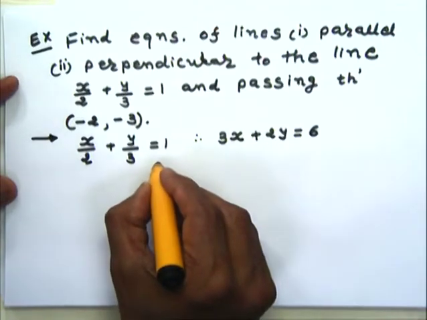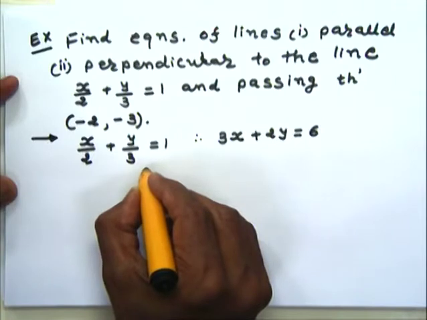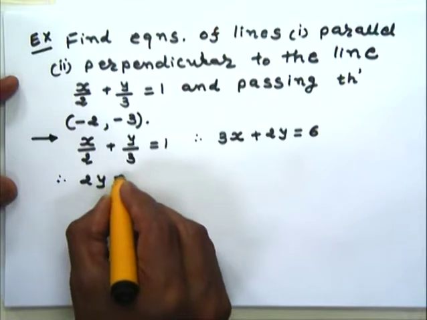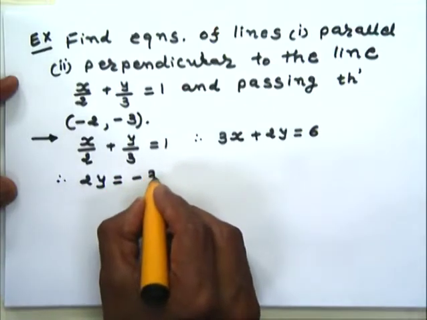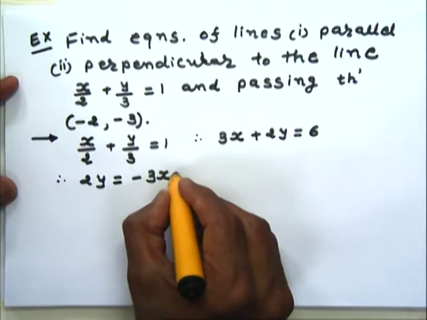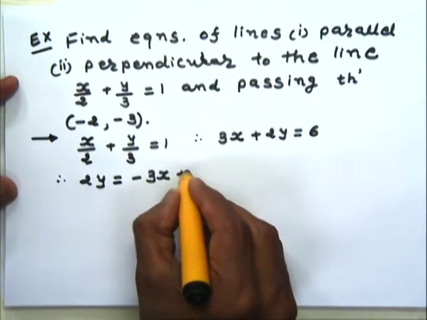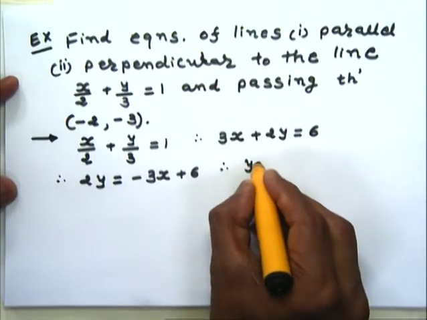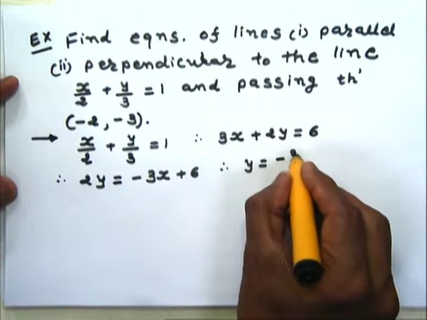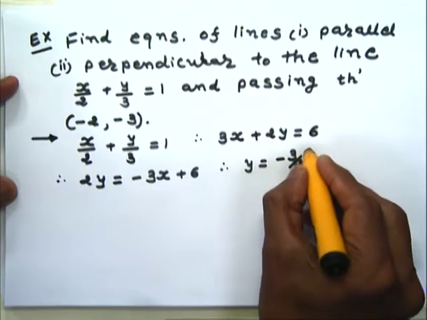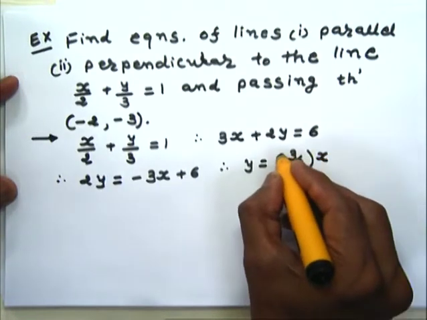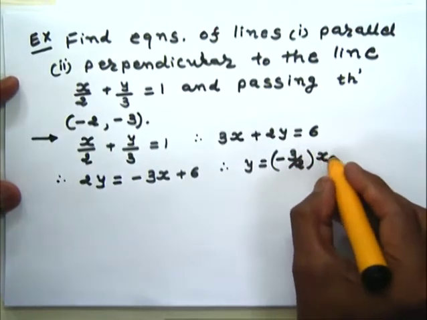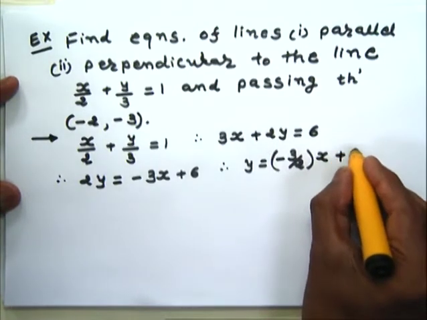Let us find the slope of the line. As usual, change y as the subject, divide by 2: y equals minus 3 by 2 x plus 3, and compare this with the standard equation y is equal to mx plus c.